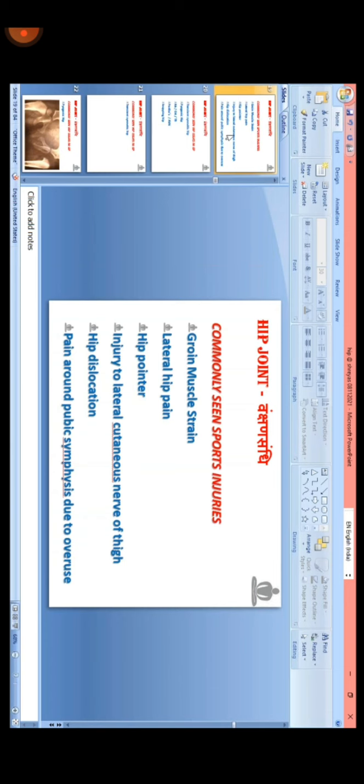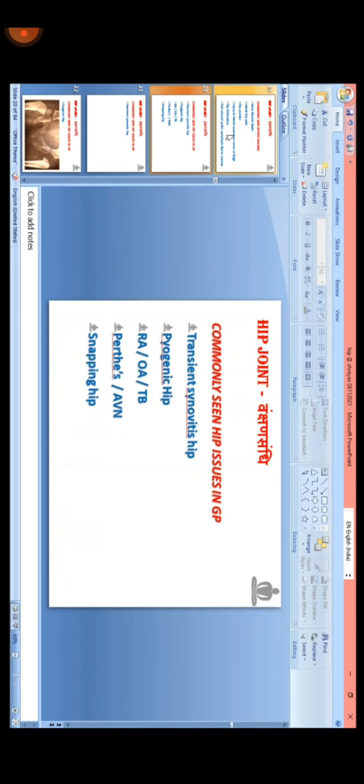That's it. So these are some commonly seen sports injuries. And hip issues such as transient synovitis, pyogenic hip, rheumatoid arthritis, osteoarthritis, tubercular arthritis, Perthes, and in adults avascular necrosis of head of femur and snapping hip. These are some points related to the hip.